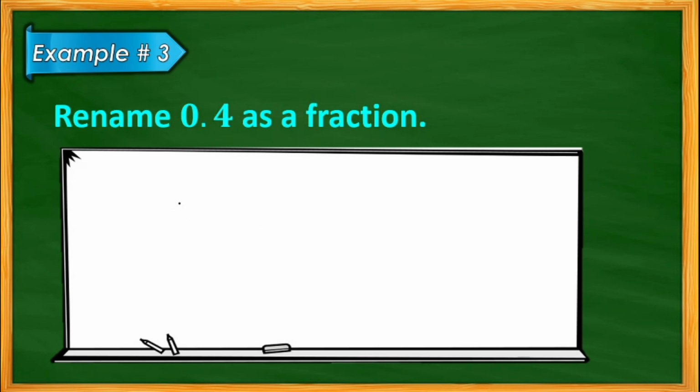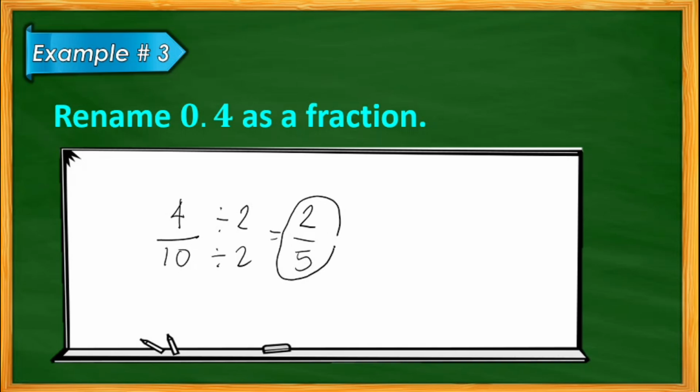So 0.4, 4 tenths. 4 is the numerator, and in the tenths place, we have 10. So this would be the final answer? Not yet, because we're going to simplify. There is a common factor between 4 and 10, which is 2. 4 divided by 2 is 2. And then 10 divided by 2 is 5. So the final answer is 2/5.